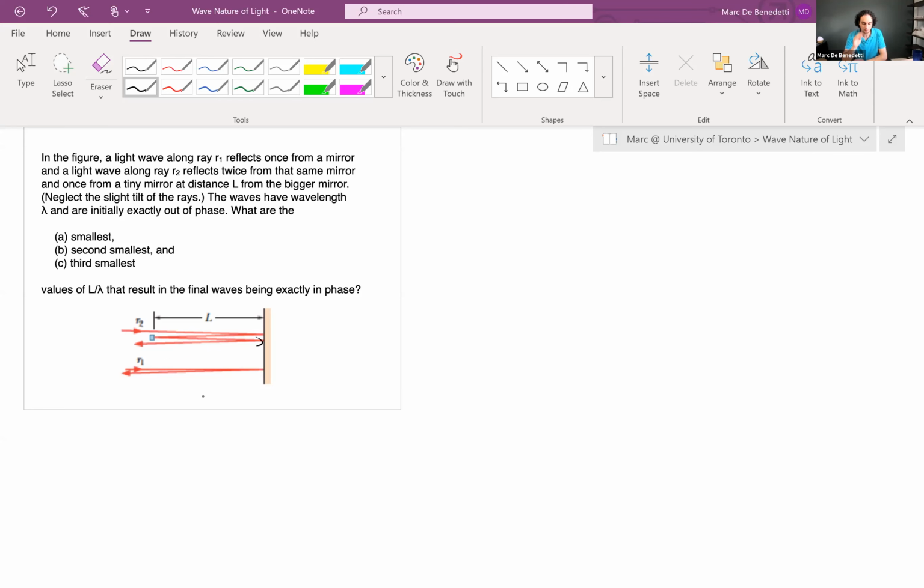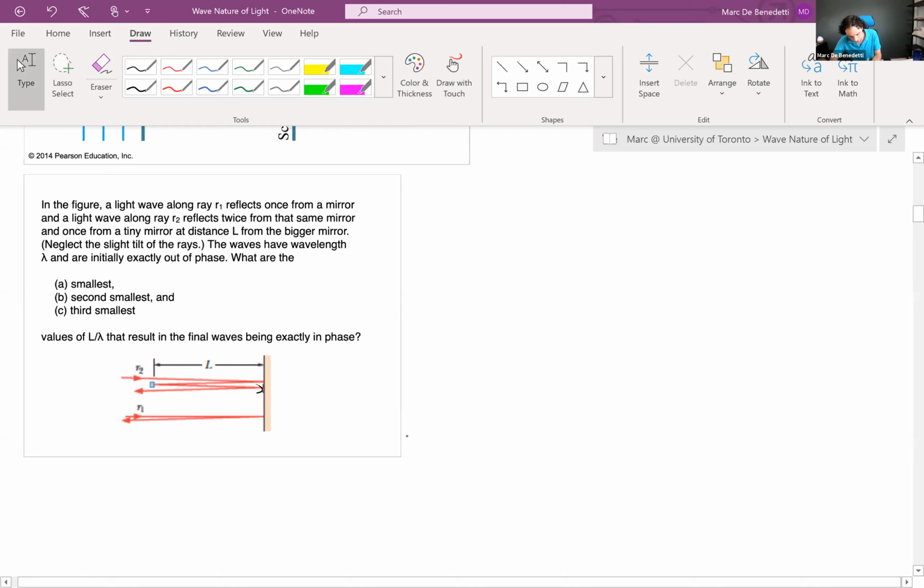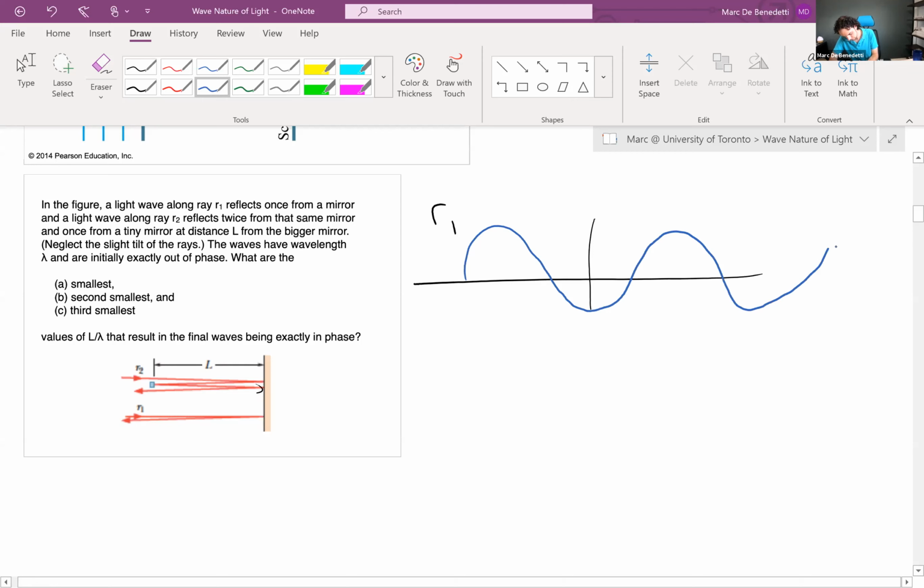Okay, and then the question says the waves have wavelength lambda and are initially exactly out of phase with respect to one another. So if they're initially out of phase, then let's say ray 1 will look something like this. And if they're out of phase with one another, then the other ray, let me label this with blue, this is ray 1.